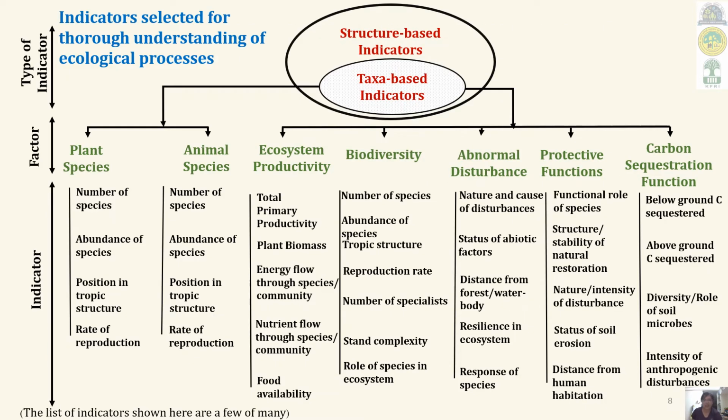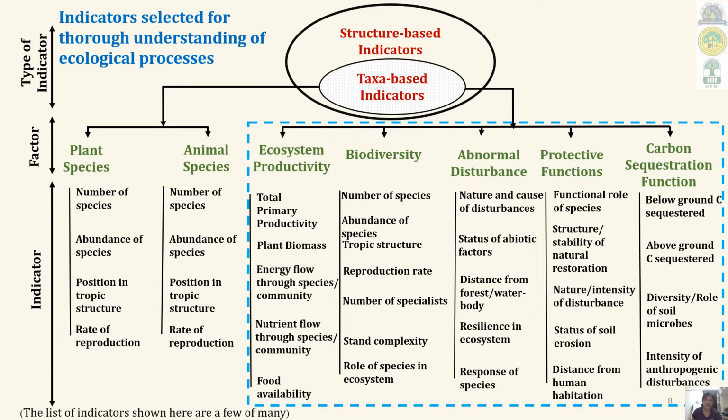Some of these indicators are listed here. As we can see, the taxa-based indicators are integrated within structure-based indicators. And apart from these, other parameters related to productivity of the ecosystem, biodiversity measures, disturbance regime, protective functions of the forest, and carbon sequestration are also potential indicators.